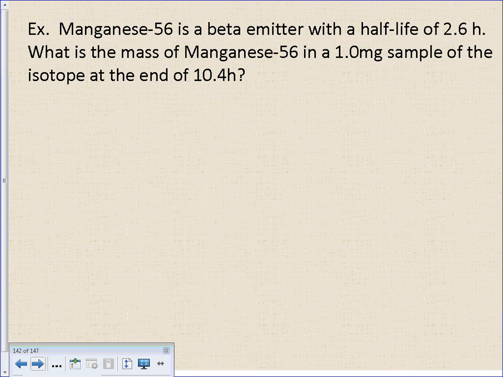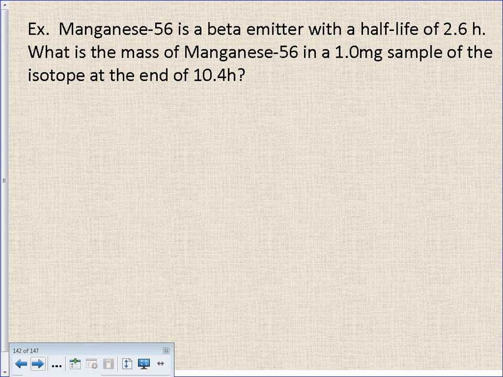All right. So tell me how you would approach this one. Manganese 56 is a beta emitter with a half-life of 2.6 hours. What is the mass of manganese 56 in a 1 milligram sample of the isotope at the end of 10.4 hours? What was the first thing we did in the last problem?